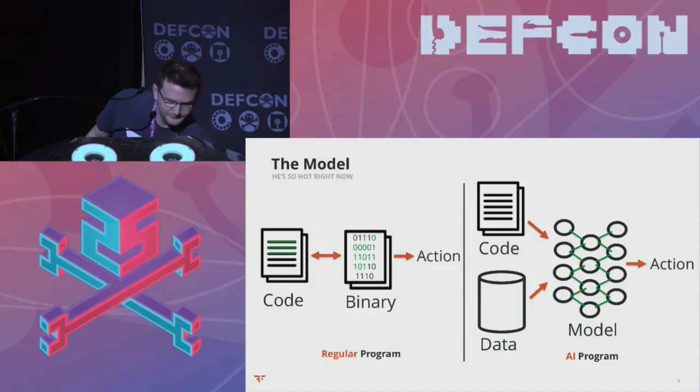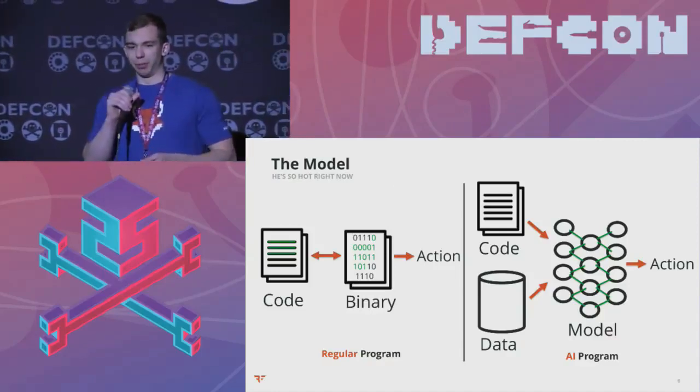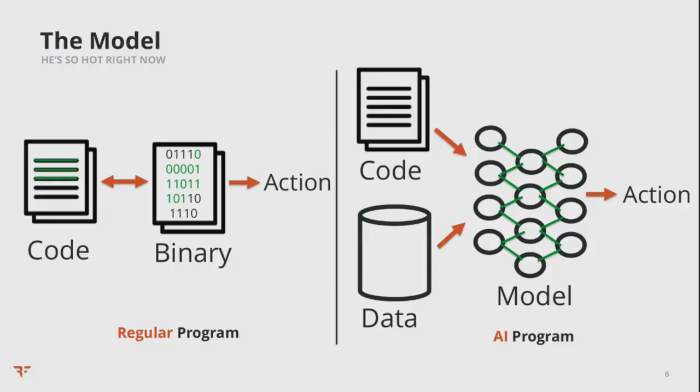Our program differs a little bit from a regular program in a couple of really important ways. In a regular program, you write some source code, which is just going to be in English, and you're going to basically compile it down to a binary, which is machine instructions. It's the thing your computer is actually going to run, and those machine instructions are going to perform an action based on what you programmed into it.